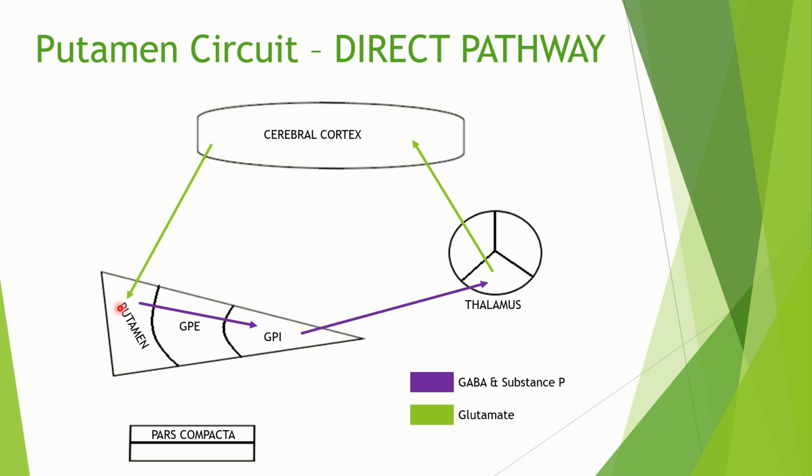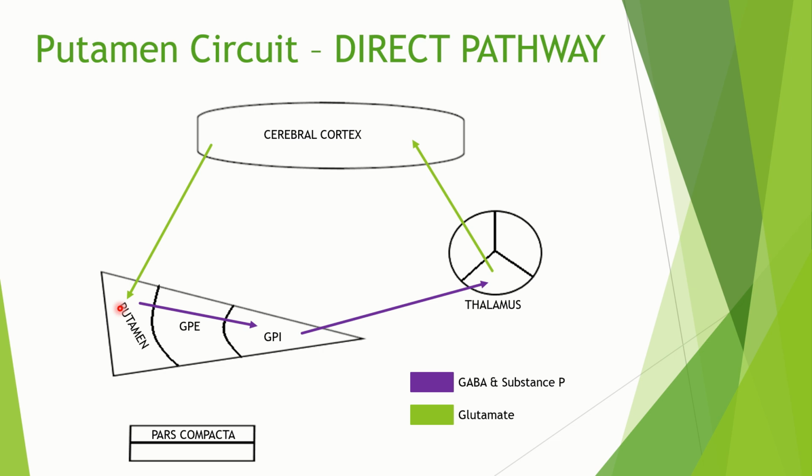By stimulating the striatopallidal fibers, which themselves are inhibitory, this stimulates the release of the inhibitory neurotransmitter, which is GABA. And this GABA is going to inhibit the next fiber in line, which is the pallidothalamic fibers. These fibers, under no stimulation, release GABA to inhibit the thalamocortical fibers.